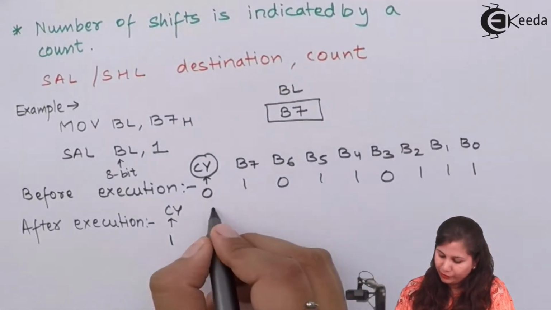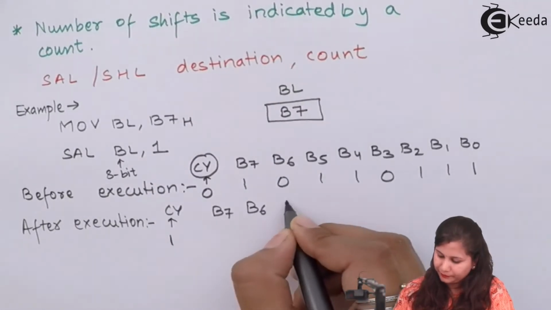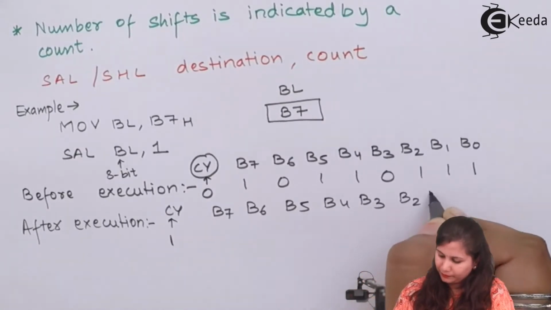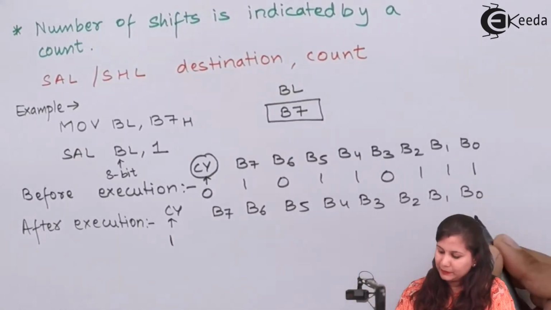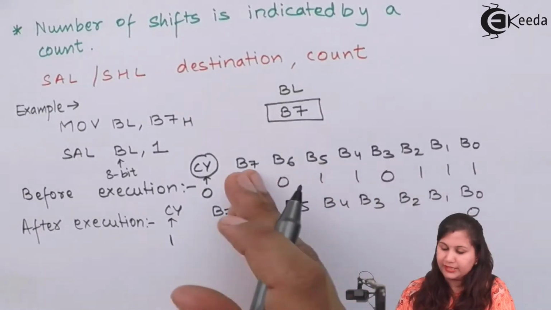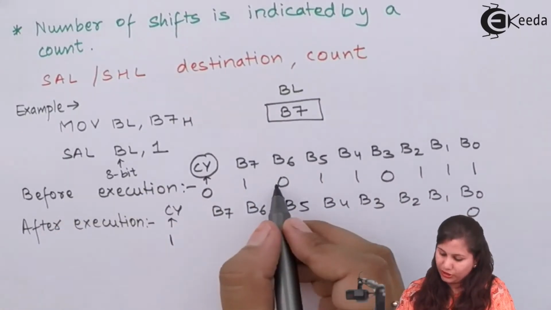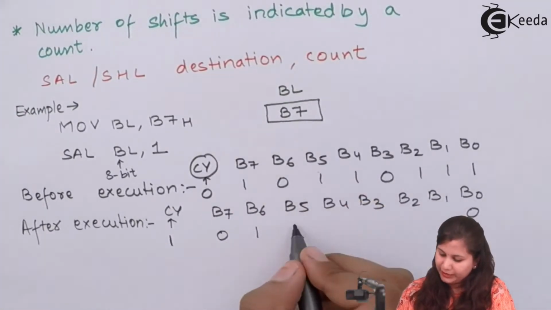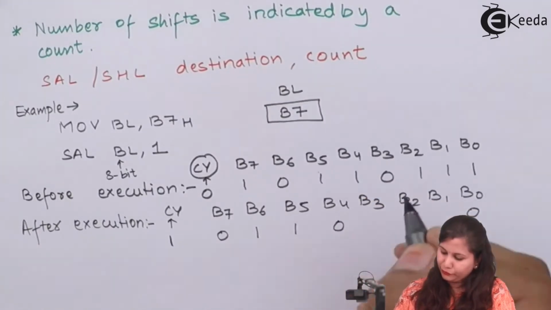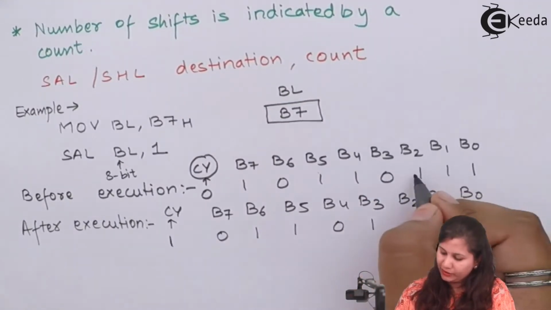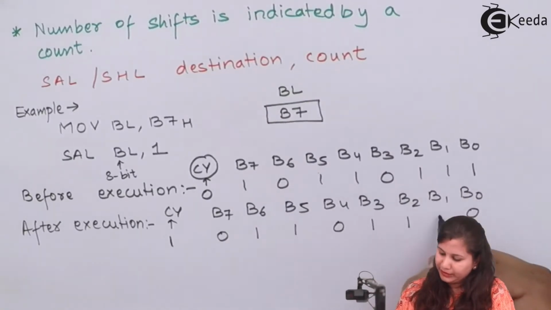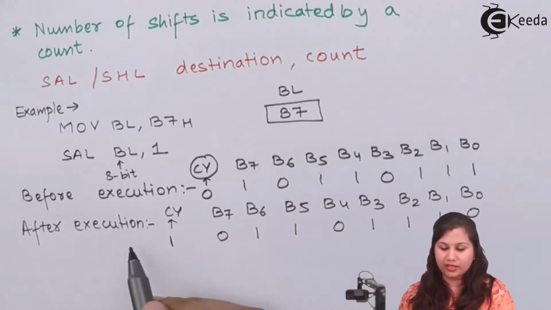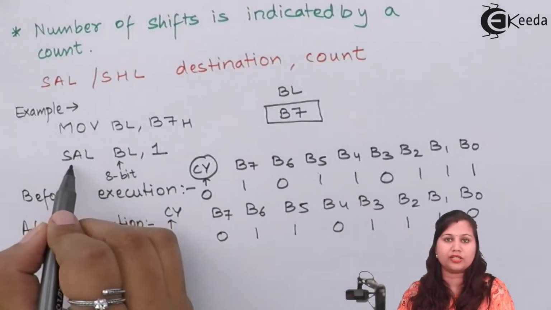Then we have B7 to B0. LSB is made as 0 and all the bits are shifted to the left side. So 0 will be now at B7, 1 will be at B6, 1 will be at B5, 0 will be at B4, 1 will be at B3, then 1 will be at B2 and 1 will be at B1. So these are the new contents of the BL register after the execution of this instruction SAL.